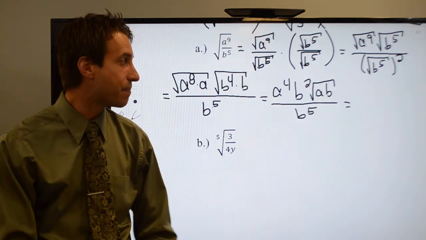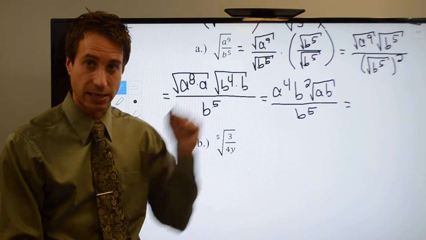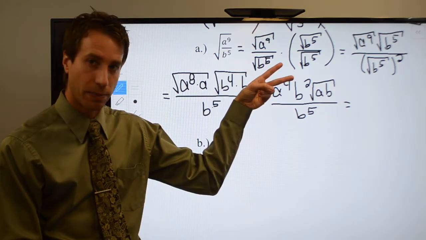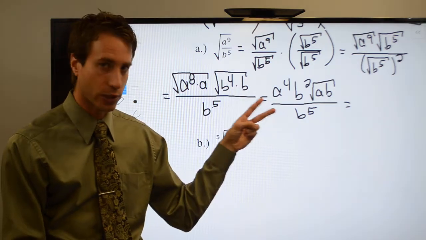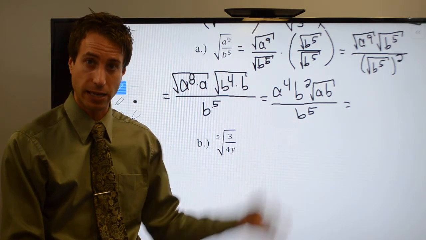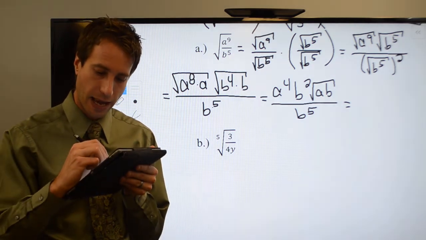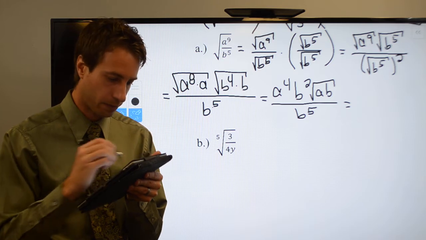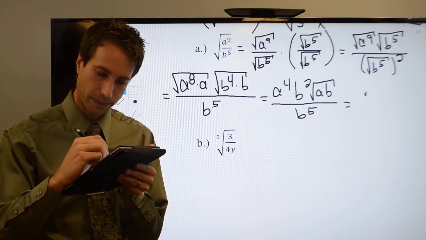And once again, I have 2 b's in the top, 5 b's in the bottom. 2 of the b's in the top will cancel with 2 of the b's in the bottom and leave you with 3 b's in the bottom. So I'll have a to the 4th, oh sorry, that is a terrible a. Hold up, I can do better.